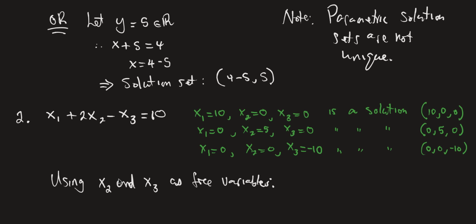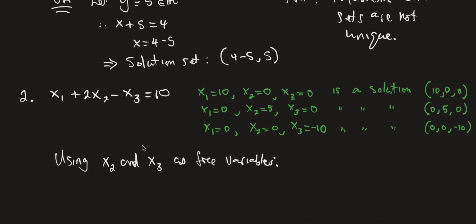Now, the nice thing is x2 and x3 are independent of each other. You can pick anything for x2 and then anything for x3, but then once you make those two choices, you'll have to figure out what the x1 value would have to be. So what I can do is say let x2 be any real number, let x3 be any real number, but not necessarily the same.